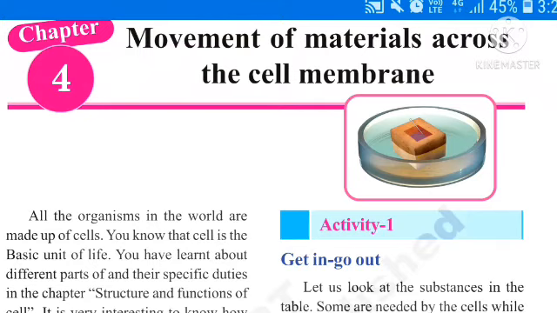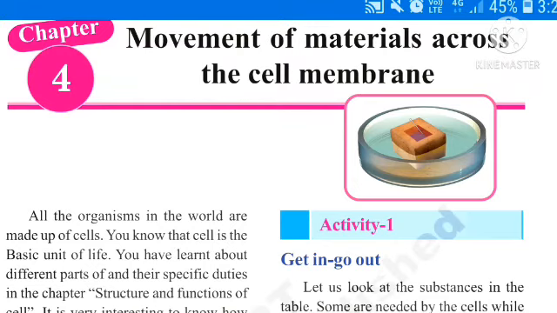Selective permeability, which allows selective substances only. Endocytosis: the flexibility of the membrane enables the cell to engulf food and other substances from its external environment by endocytosis. Example, amoeba.